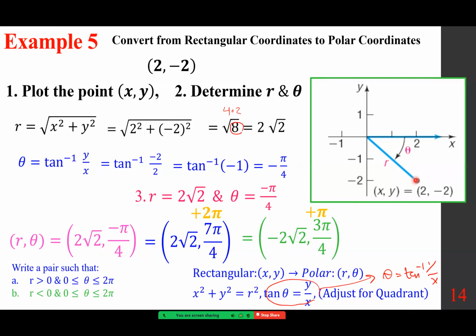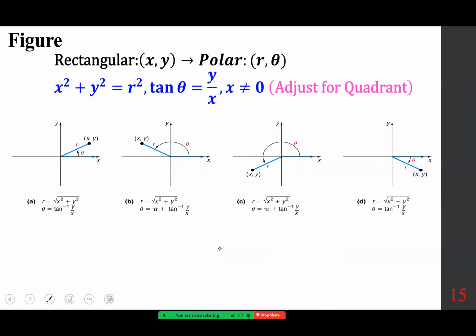Again, unique when it comes to the rectangular coordinate system, not so much when it comes to polar coordinates. This one was in the fourth quadrant, and theta was minus pi over 4, or 7 pi over 4, by the way.